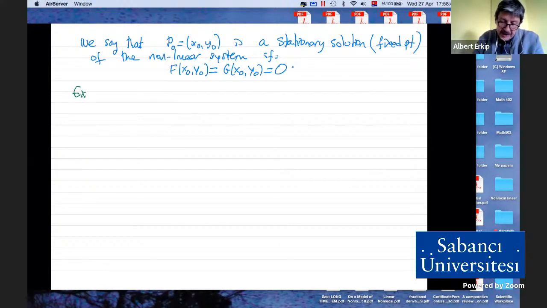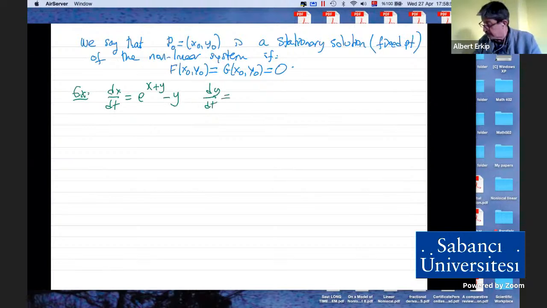Example, let me give an example. Say, look at this: dx/dt equals e^(x+y) minus y, dy/dt equals minus x plus xy. Now, this is kind of a strange system. What is the fixed point?